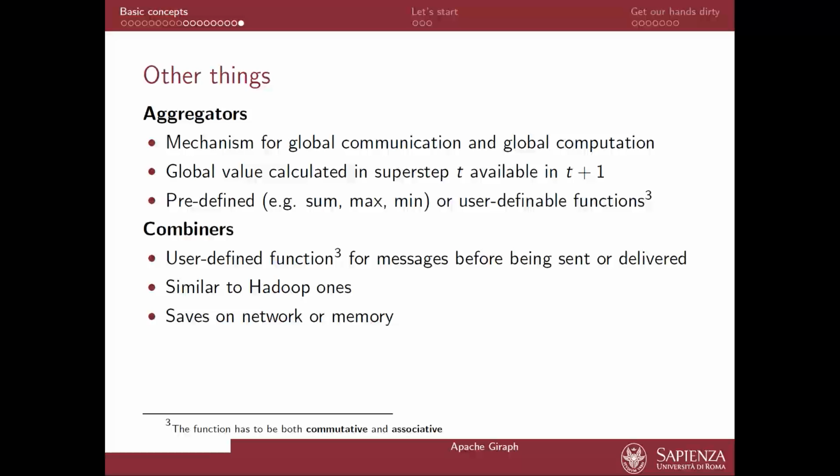So it will receive many messages for each node, which is not very efficient. So combiners will group all the messages directed to a single worker, and in this way will decrease the usage of the network, decrease the metadata on the network, and increase performance.